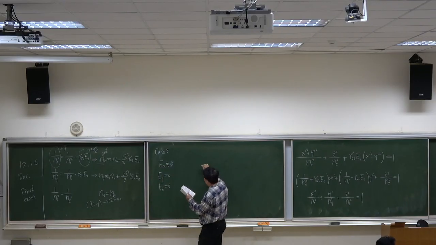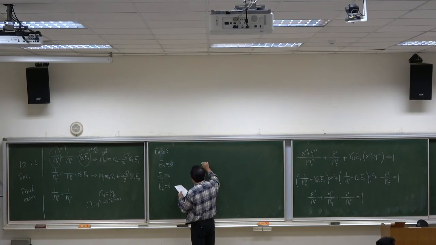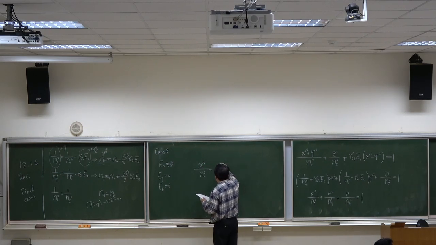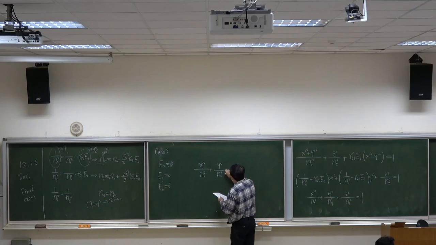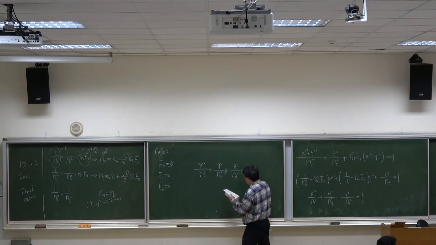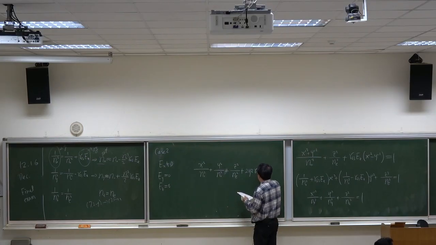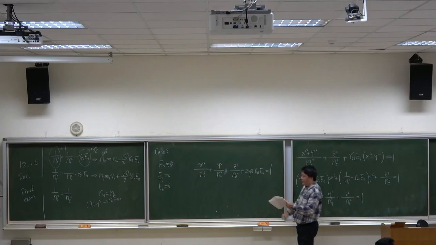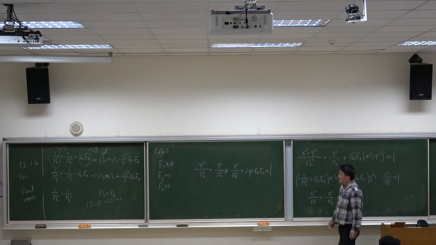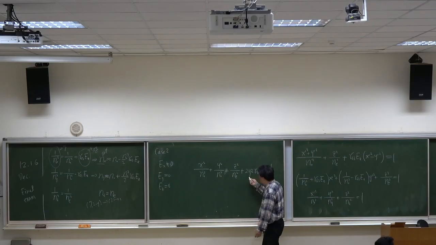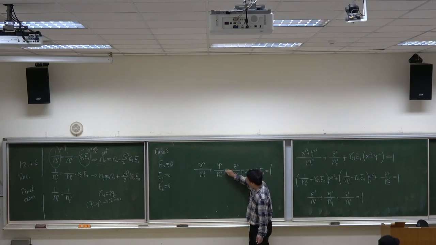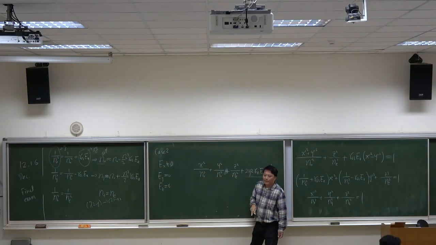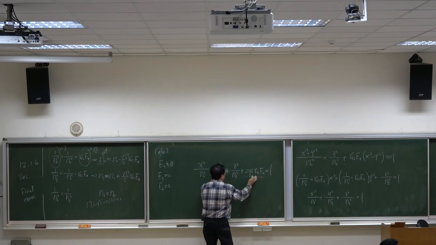Now we have to consider x squared over no squared plus y squared over no squared plus z squared over ne squared plus 2yz r41 Ex equal to 1. Now the situation is more troublesome, because of the cross term yz, and the coefficient of the y squared term is different from that of the z squared term.